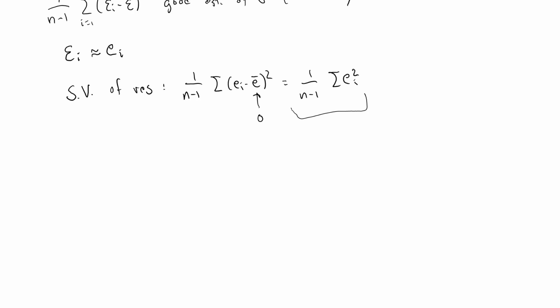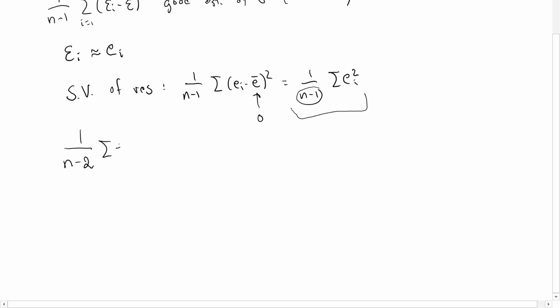It turns out that we do something which is just slightly different. We replace n minus 1 with n minus 2. So 1 over n minus 2 summation e i squared is used as an estimator of sigma square.